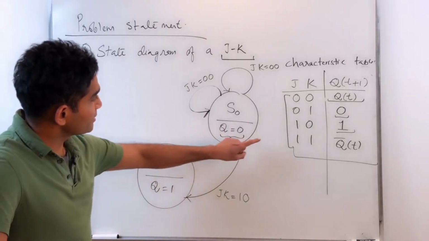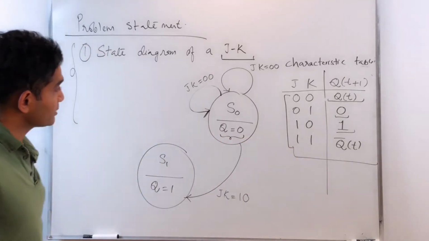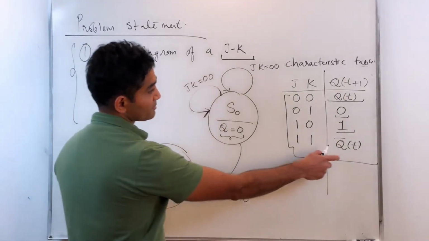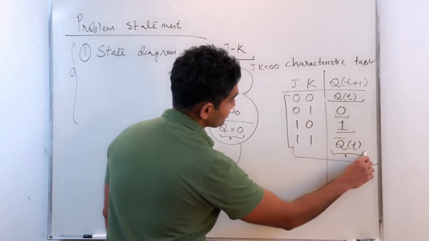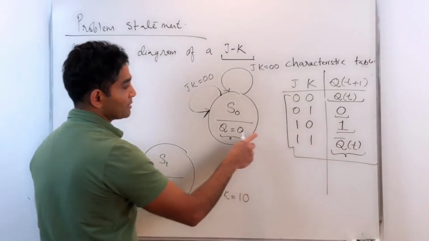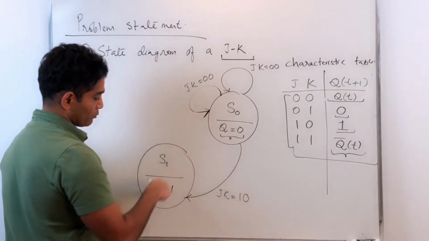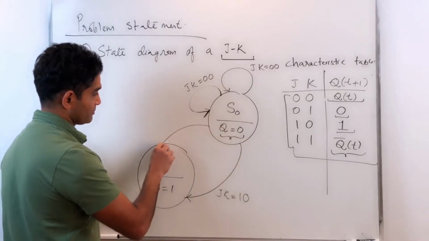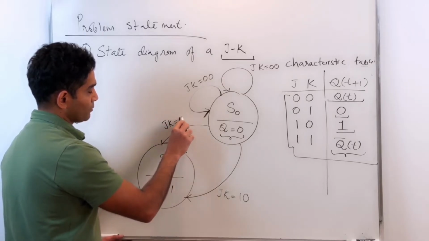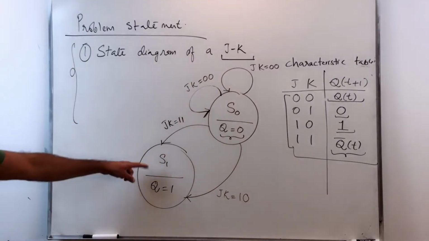I'm in this state, 1, 1 occurs. Transition to the other one, because I'm toggling, right? So my output is 0. In the next state, if I'm applying 1, 1, my output should toggle, so Q should become 1. So yes, JK 1, 1 takes me to the S1 state here.